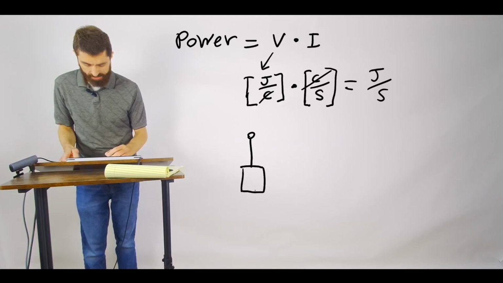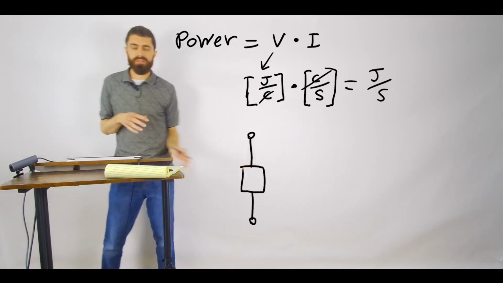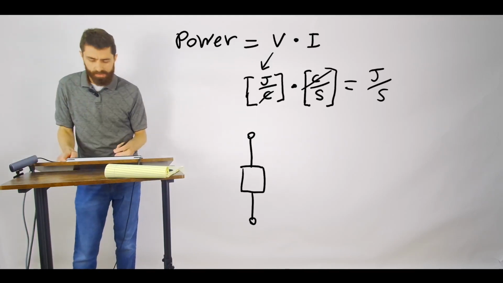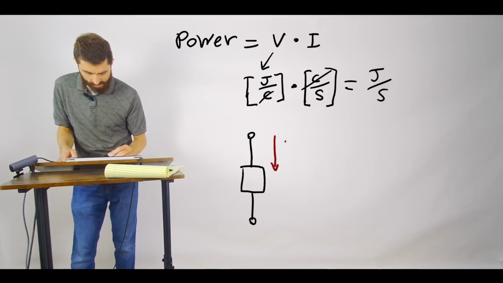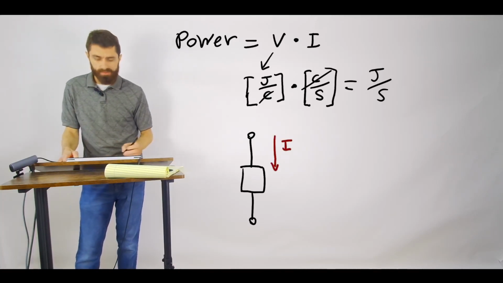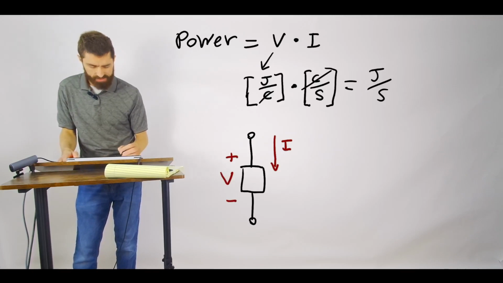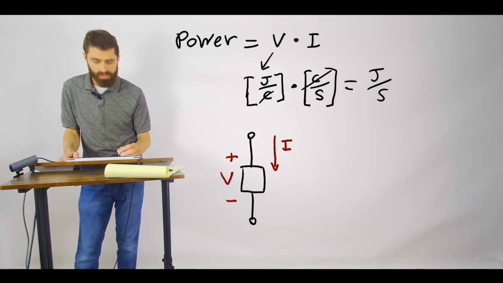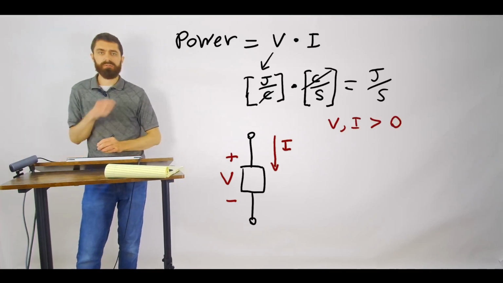I'm not drawing the rest of the circuit, but we're just fixating here on this component, and we don't know what it is, but we know that there's an electric current, I, flowing through here, and there is a voltage across the component, V. And let's assume that our variables V and I here are greater than 0, they're positive.